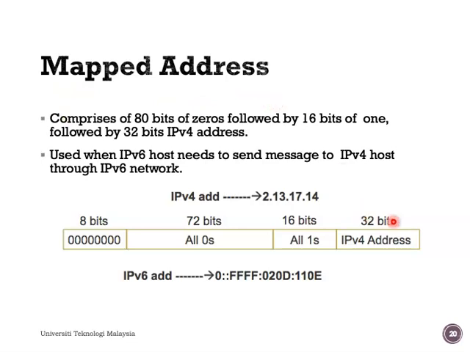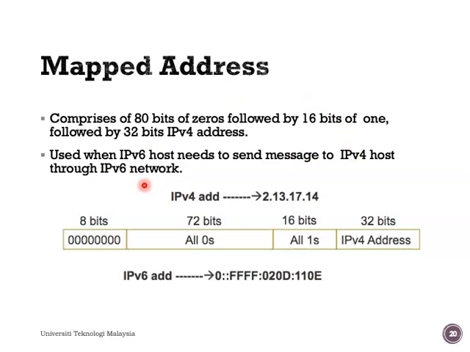Moving on to another type of address, which is the mapped address. In the mapped address, you also put the IPv4 address. However, the IPv6 part comprises 80 bits of zeros followed by 16 bits of ones. So here are 80 bits of zeros, here are 16 bits of ones, and this is the IPv4 address. It is used when an IPv6 host needs to send a message to an IPv4 host through an IPv6 network. Previously, the compatible address was for IPv6 to IPv6 through IPv4, but this one is from IPv6 to IPv4 through an IPv6 network.